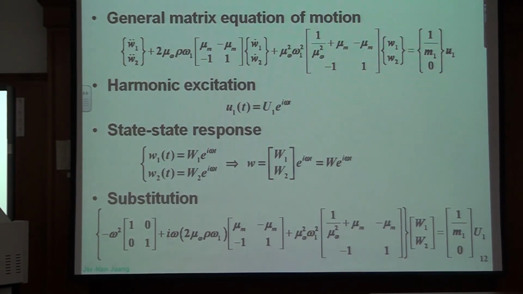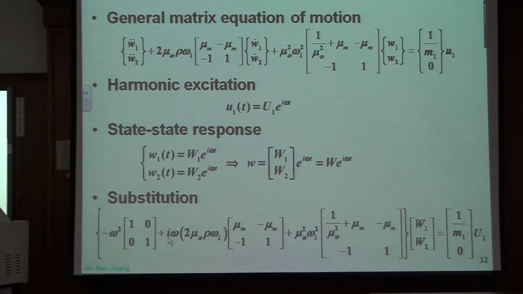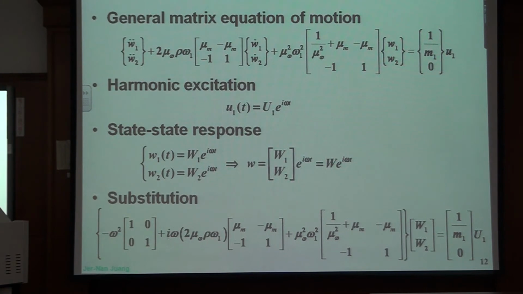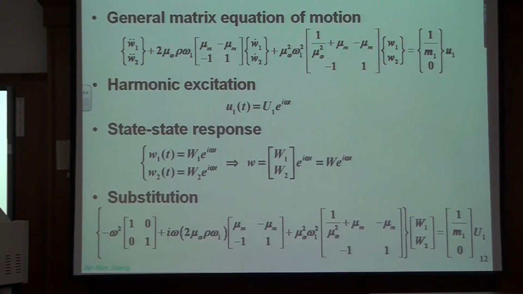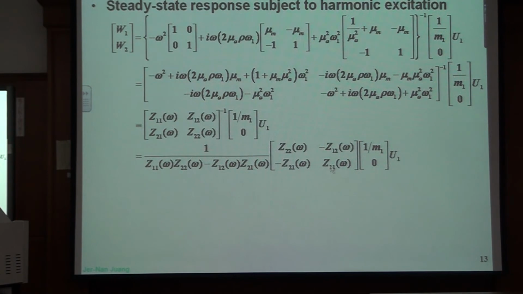So the imaginary part comes from that i, and we can take it out. Sometimes this is a mathematical trick. But in your real system, you don't have that i. Now, this is my steady state response subject to harmonic excitations.